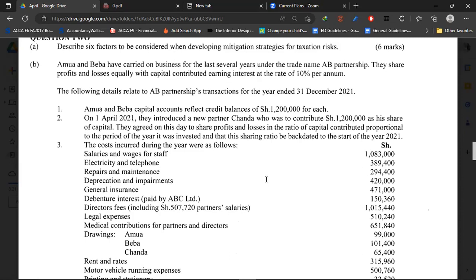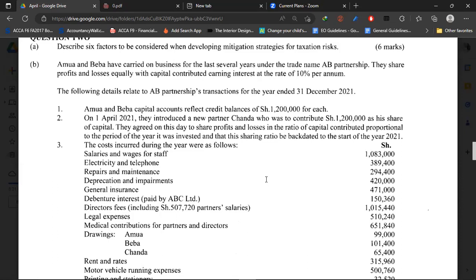3. The costs incurred during the year were as follows. Salaries and wages for staff 1,083,000, 389,400, electricity and telephone 294,400, repairs and maintenance 420,000, depreciation and impairments 471,000, general insurance 150,360, debenture interest paid by ABC Limited 1,150,360.